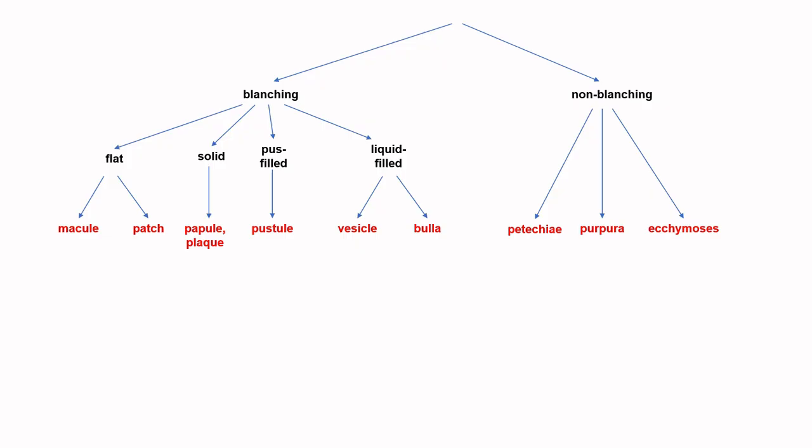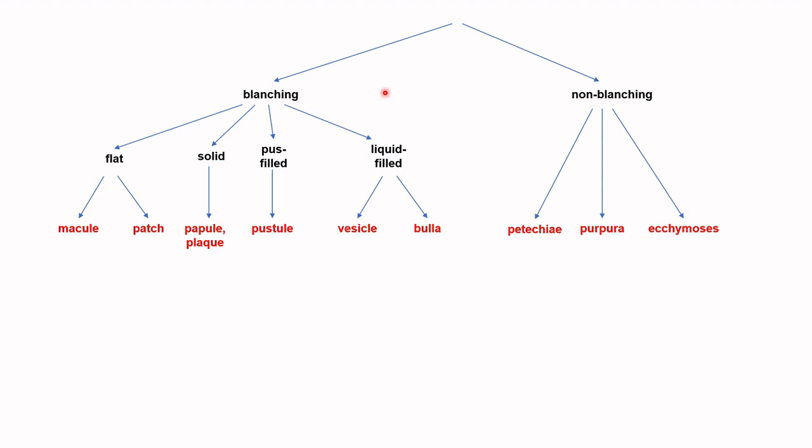There are many different ways in which you can have such a decision tree, such a classification to end up in the different terms. I find this one here very useful, but as I said, there are other ones as well where you make other kinds of decisions. And I find this first decision especially useful to divide rashes into blanching or non-blanching.